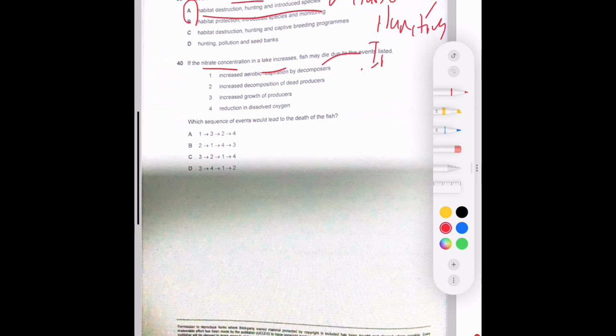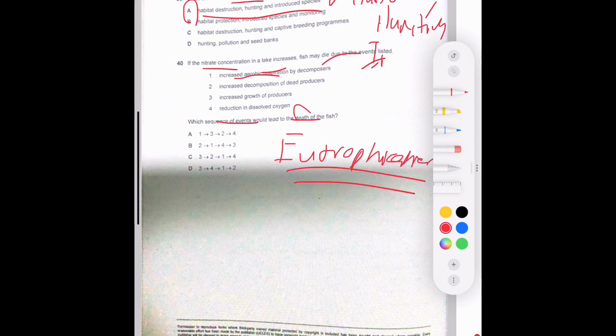40. If nitrate concentration in a lake increases, fish may die due to a sequence of events, 1, 2, 3, 4, and so on. What sequence of events will lead to the death of fish? This process is known as eutrophication. And eutrophication occurs in these following steps. So first of all, the nitrate concentration in the lake increases. This increases the growth of producers or aquatic plants, so 3 is going to be first.